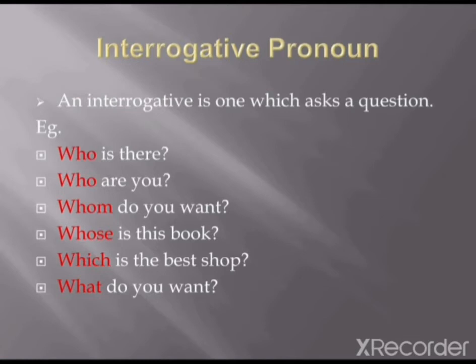They are used for asking questions, not for joining and referring to some nouns, and are therefore called interrogative pronouns. Like, who is there, who are you, whom do you want, whose is this book, which is the best shop, what do you want. So who, whom, whose, which, what, all these are interrogative pronouns as they are asking something.